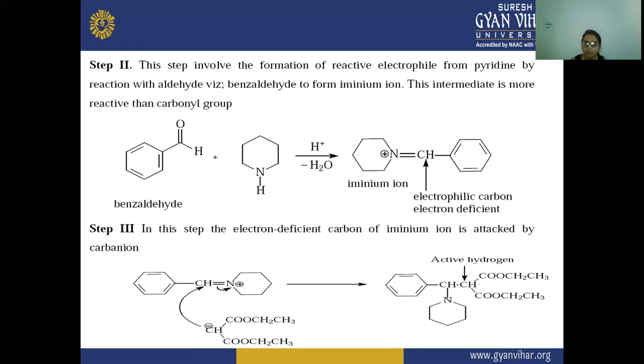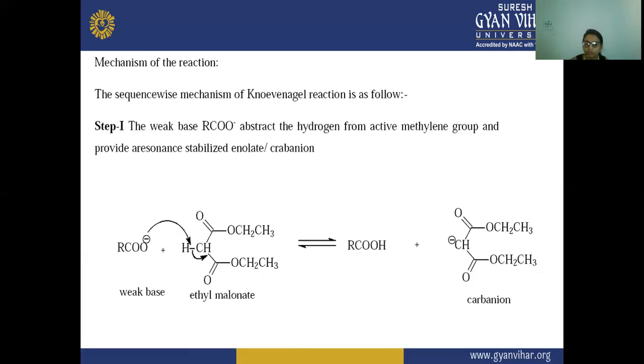This intermediate is more reactive than the carbonyl group. So the benzaldehyde is reacting with this pyridine structure, and there is a formation of this iminium ion, and the carbon is electron deficient. In this step, the electron deficient carbon of the iminium ion is attacked by the carbanion, and you will see there is a formation of this product that is having active hydrogen.